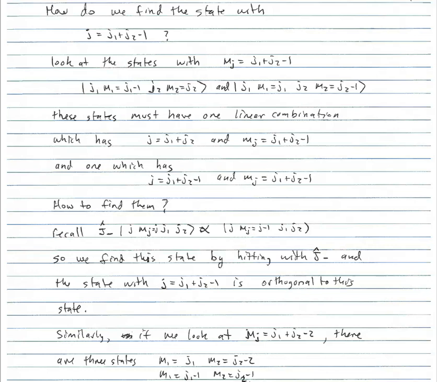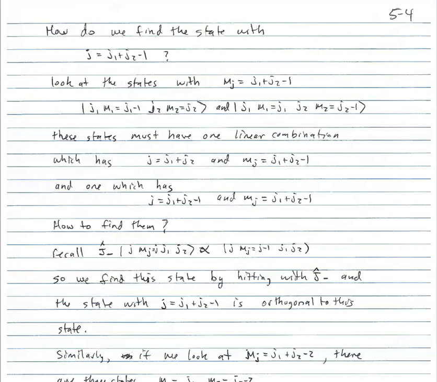And since there are only two states, the dimensionality of the space is 2. So there's one linear combination that has j1 plus j2 and one linear combination that has j1 plus j2 minus 1. So if I can find one of the linear combinations, the other one is simply the orthogonal state to that, because that then spans the space. All right? So that's a really important concept, again, for you to understand and follow.